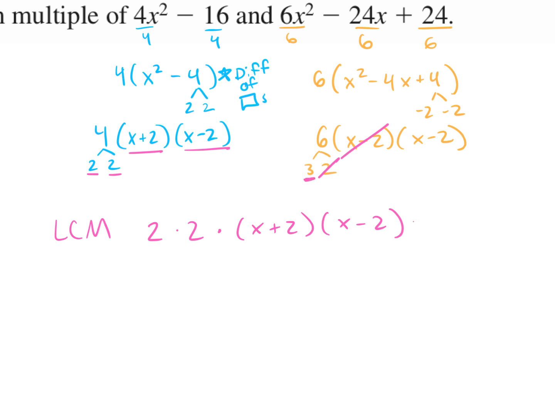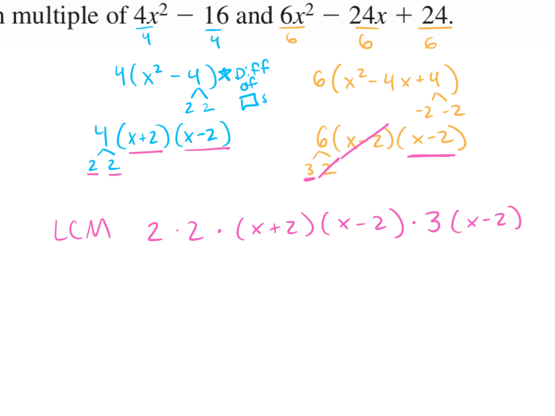So I have 3 and x minus 2. Yeah, you need all of your factors from the first one, and then from the second group, you don't want to list anything that's already listed unless you have 2 of them, because then you need at least 2 of them.